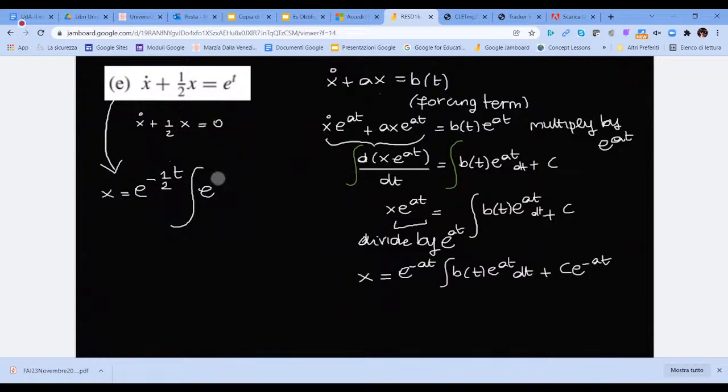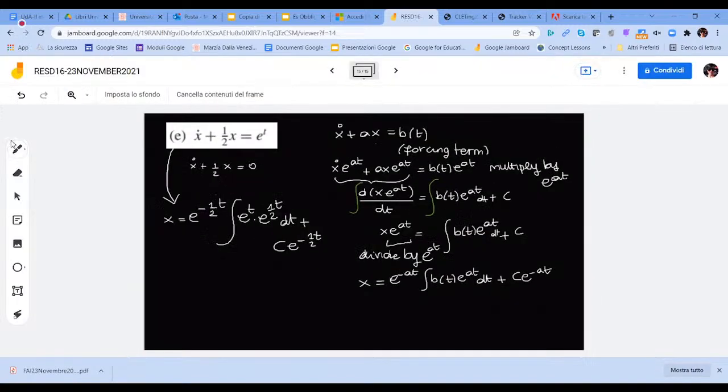This is this forcing term that we have above, multiplied by e raised to 1/2 times t in dt, plus c times e to the minus 1/2 t. Okay, so let's divide everything.